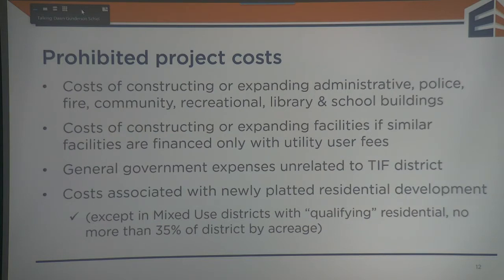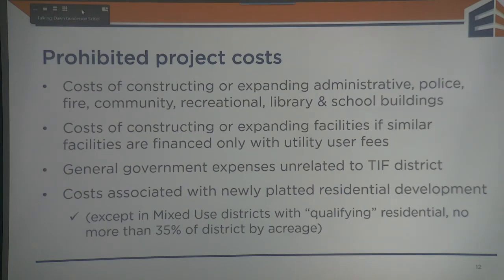So those would be non-eligible project costs, as would expanding facilities that are typically financed by utility user fees, that would not be directly related to the tax increment district, or any general governmental expenses unrelated to the TIF. As I said, you can cover administrative expenses, which can encompass auditing fees and actual staff time spent to administer the life of the district.